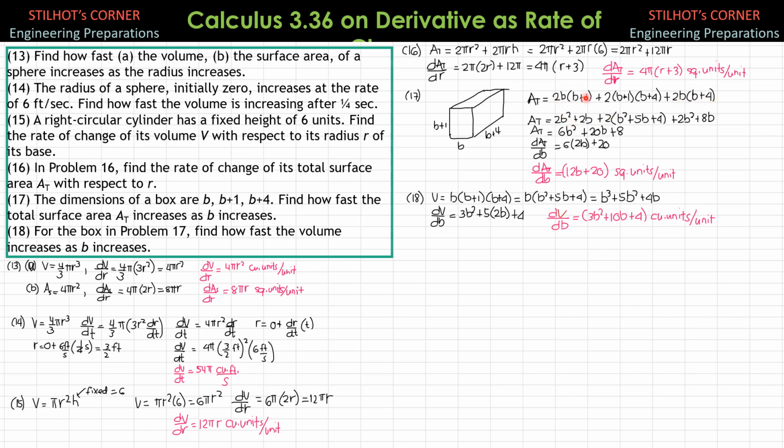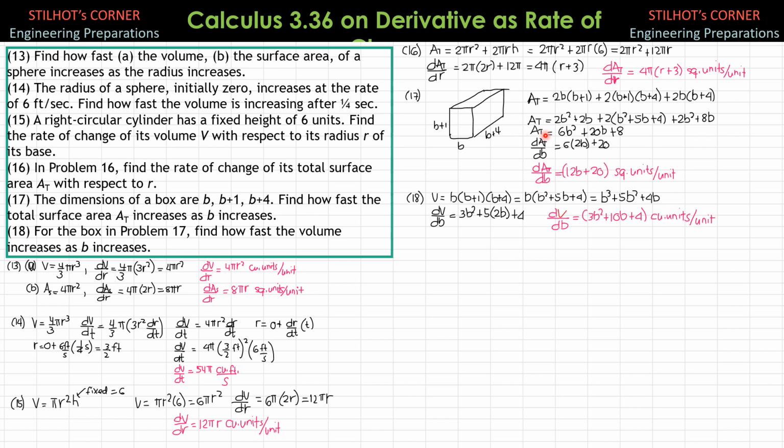Simplifying, we have 2b squared plus 2b, 2 times b squared plus 4b plus b, so 5b, then 1 times 4, 4, then 2b squared plus 8b. Simplifying further, 2b squared plus 2b squared plus 2b squared is 6b squared, 2b plus 10b is 12b, plus 8b, so 20b, then the constant is 2 times 4, 8.